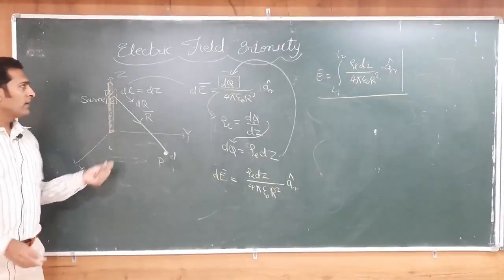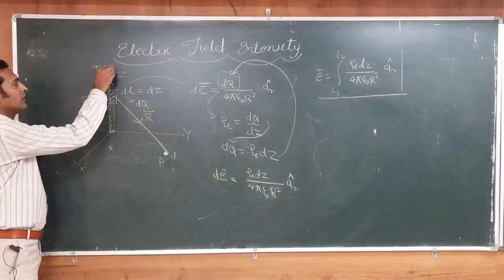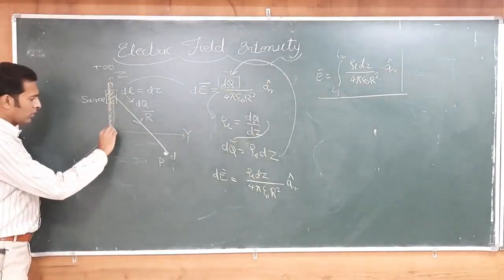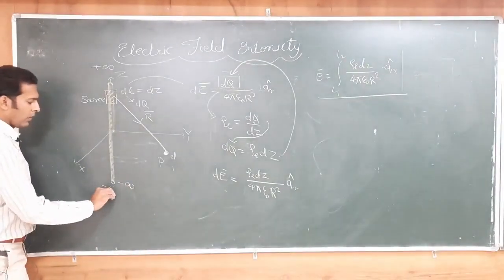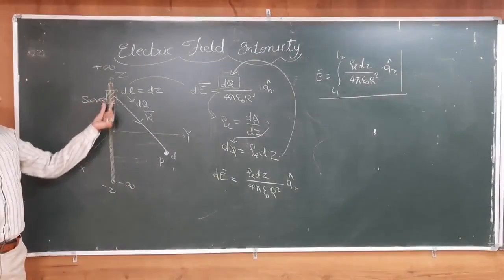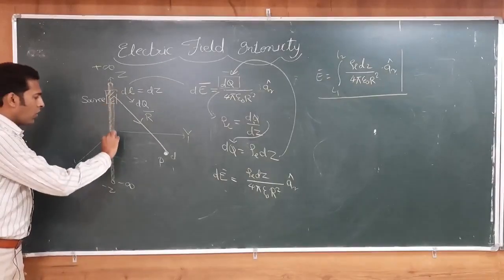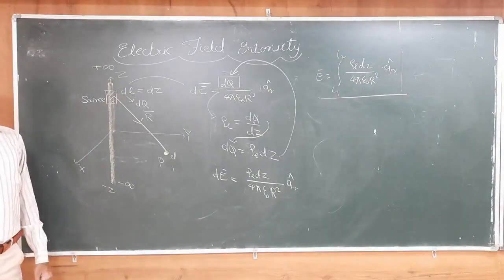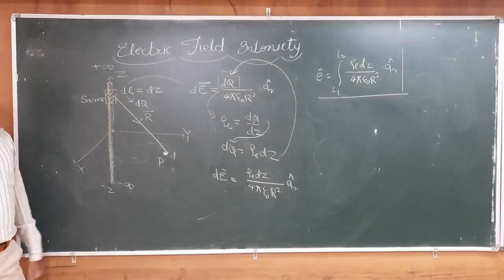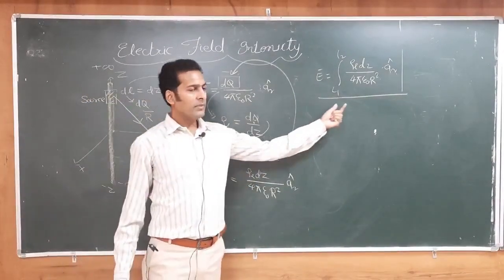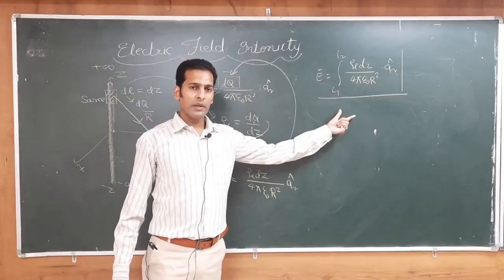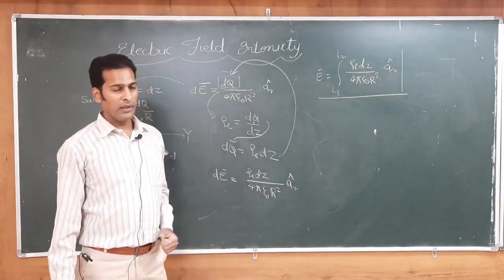It extends from positive infinity on the z axis to negative infinity on the negative z axis. My conductor is present all over the z axis to infinity. For that, this part will be the same. What will be the change? The changes will come in the integration limits.